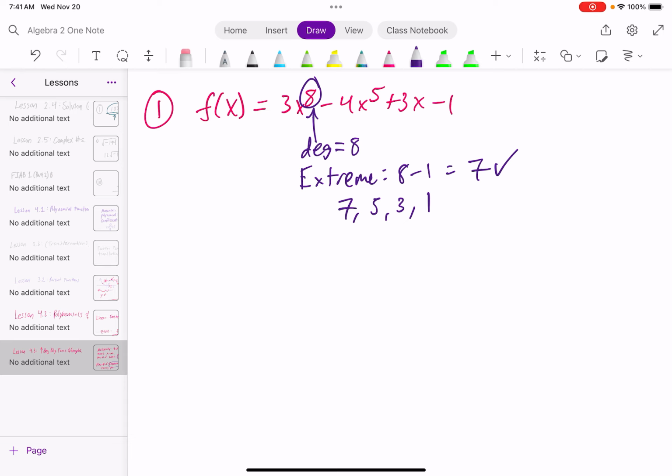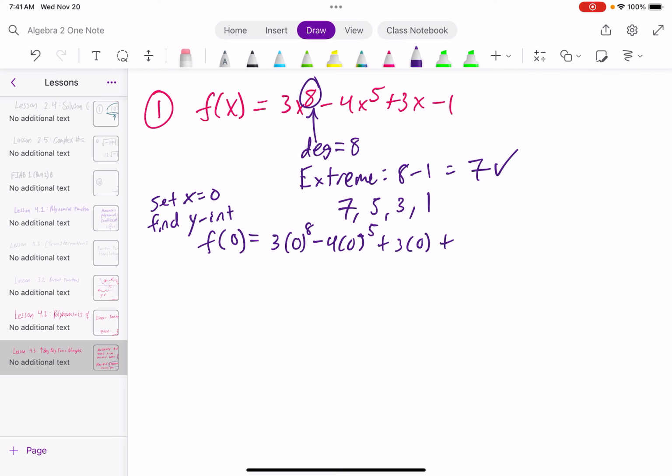And the y-intercept is nice and easy. Again, if you set x equal to 0, you will find the y-intercept. So when x is 0, we have 3 times 0 to the 8th minus 4 times 0 to the 5th plus 3 times 0 plus 1, as you can see.